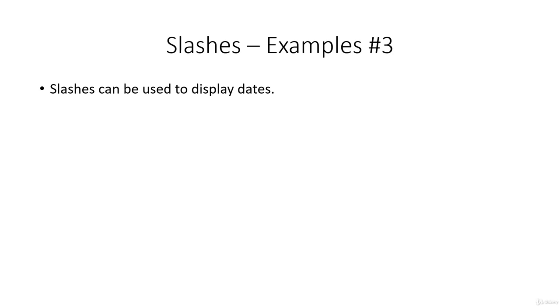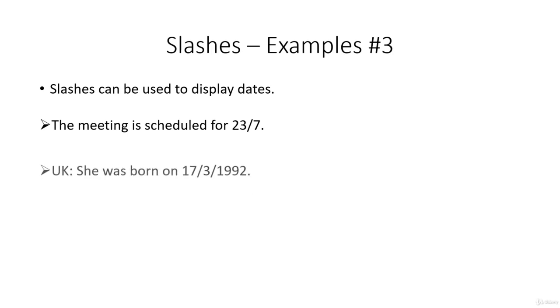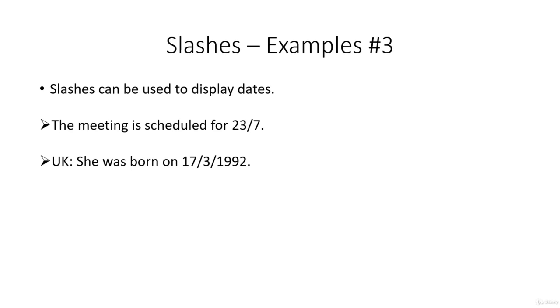We use slashes when we're displaying dates. The meeting is scheduled for the 23rd of the 7th, or 23/7. In the UK, we put the day, and then the month, and then the year, as in she was born on 17/3/1992, so 17th of March.